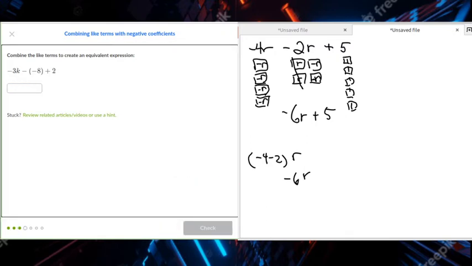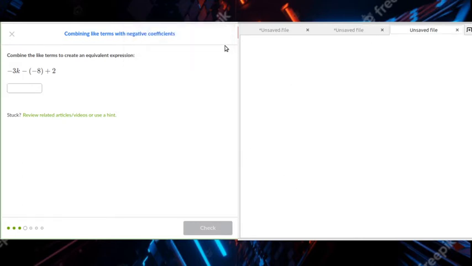Okay. Let me get a new piece of paper here. All right, so we have negative 3k minus negative 8 plus 2. So over here I have negative k and negative k and negative k.